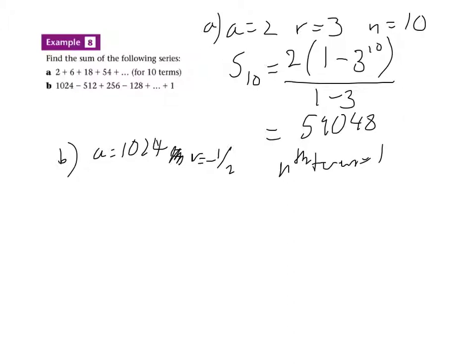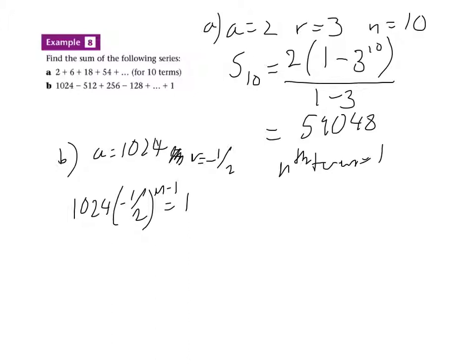is 1, okay, so that means that 1024 times 1/2 to the n equals 1. So dividing by 1024 will give us this, but we can also change this to a positive power, can't we? So we've got n minus 1 there, sorry.